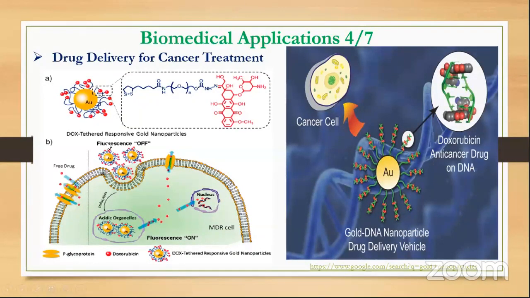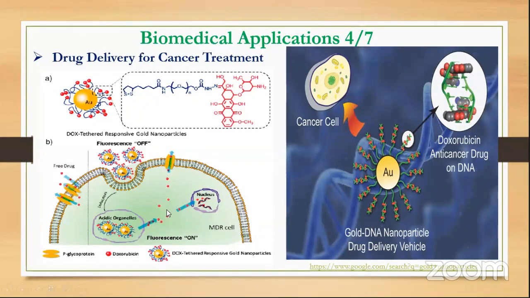See here how this gold nanoparticle along with the drug attacks the cancer cell. This is the cancer cell. It has a thick coated protein content on the cell wall. So it directly attacks the surface of the cell wall, and after that it penetrates inside the cell. What happened? The drugs are released by the nanoparticle.